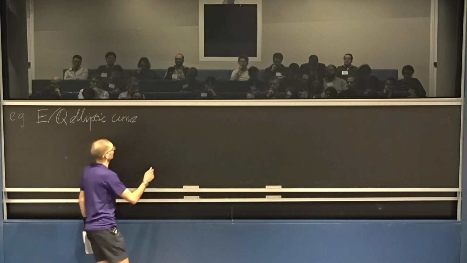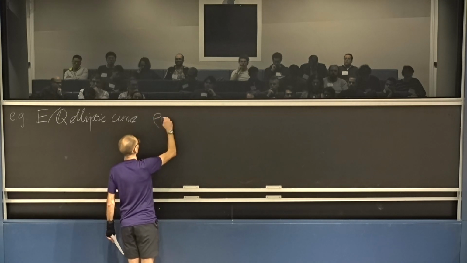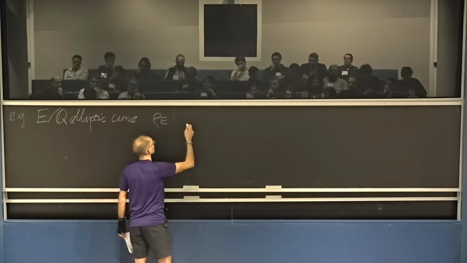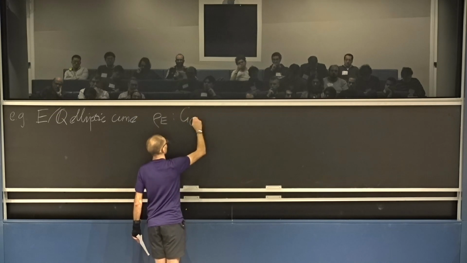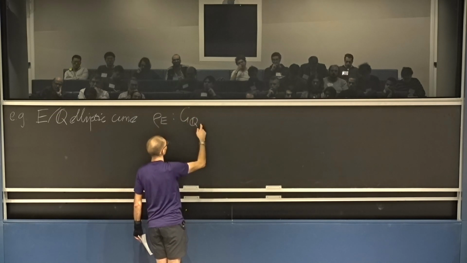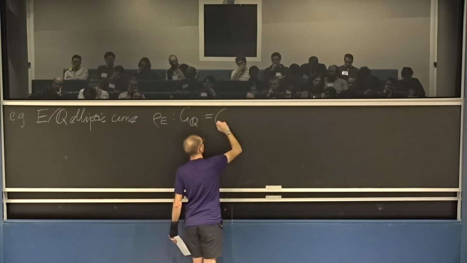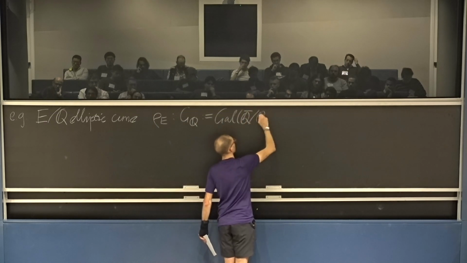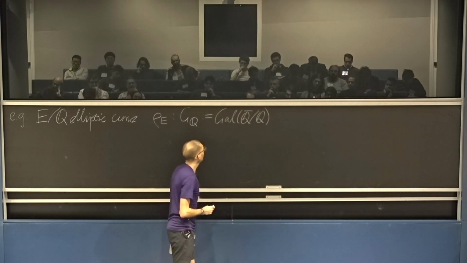Associated to this, you have ρ_E, a Galois representation. My notation for absolute Galois groups is going to be G sub the field. So this is the Galois group of an algebraic closure Q-bar over Q.